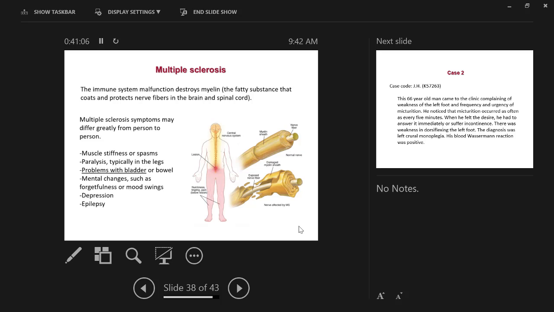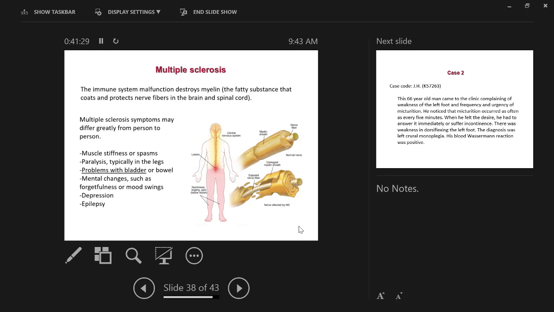I know you guys have not done the neuro module yet, but this is an immune system malfunction that destroys myelin, which is a fatty substrate of the nerve fiber, so it becomes like that. And it happens systemically, not just in one part of the body.